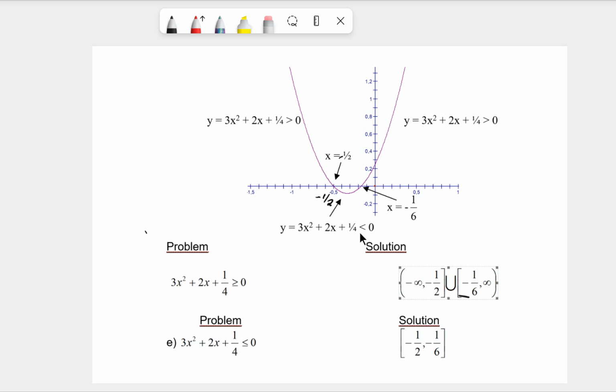It depends on what kind of problem it is, but anyway, it's between minus 1/2 and minus 1/6, like this.